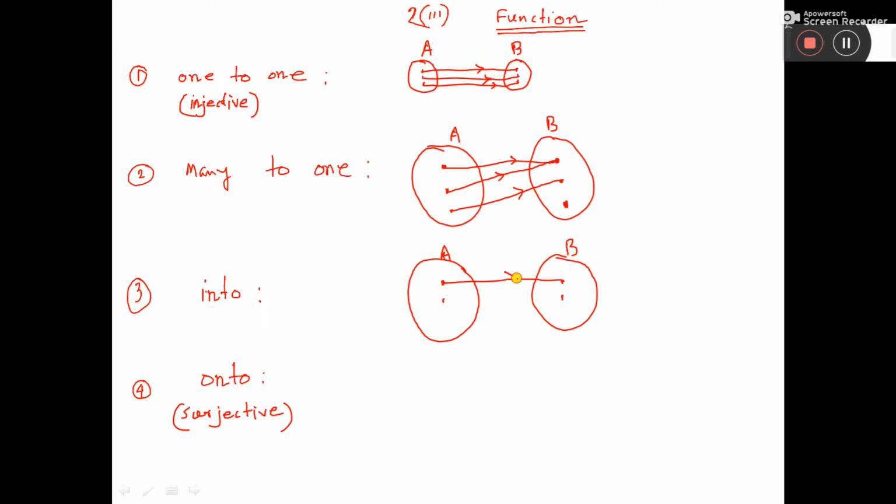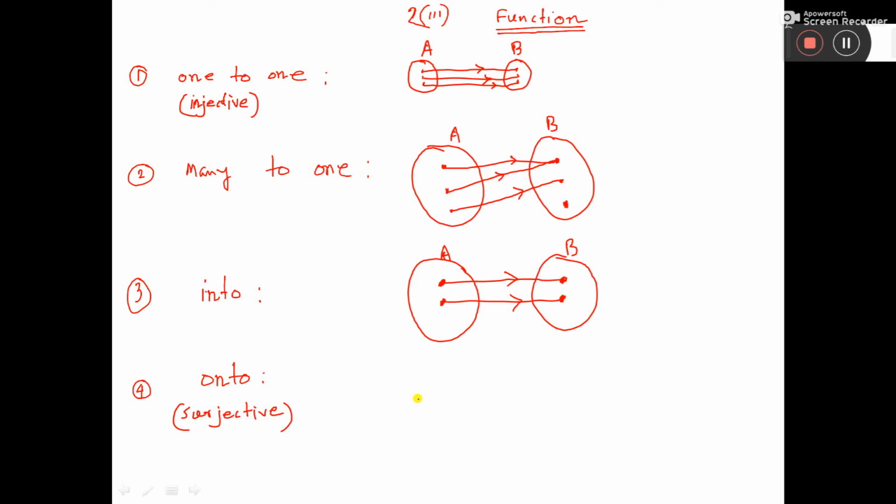This is into function. No extra element in the set B. That means in the set B, every element is having one pre-image. This point is called the image of this point, and this point or this point is called the pre-image of this point.